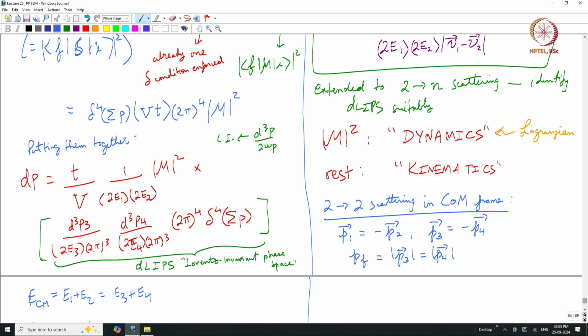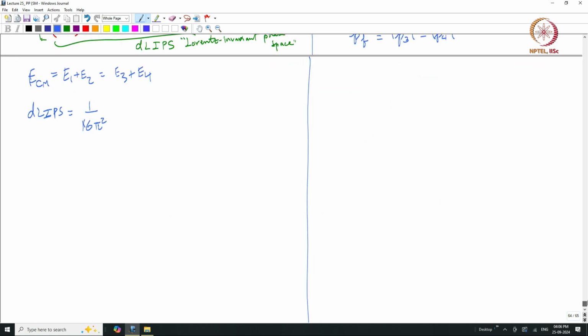So let us count this a bit. I have basically 2 cube that gives me 8, and then pi power 6 in the denominator, right. But in the numerator, so sorry, 2 cube gives me 64. Now in the numerator I have 16 pi squared, right. So all that put together will give me 1 over 16 pi squared, correct. So that much I have.